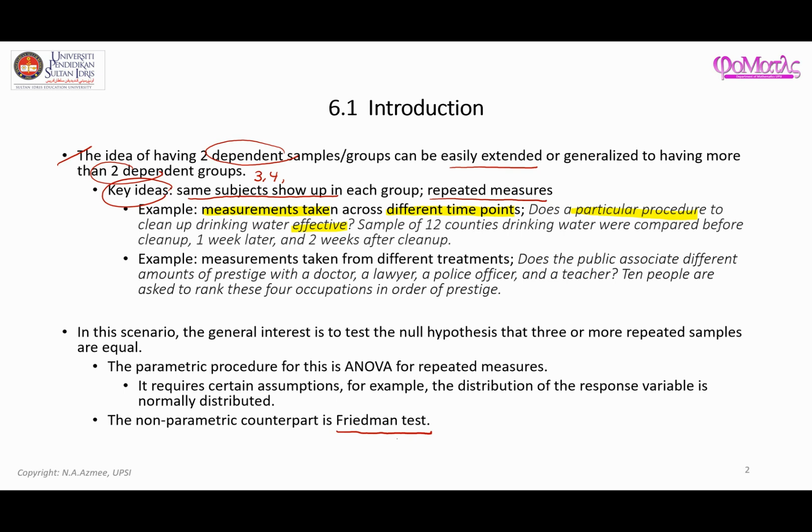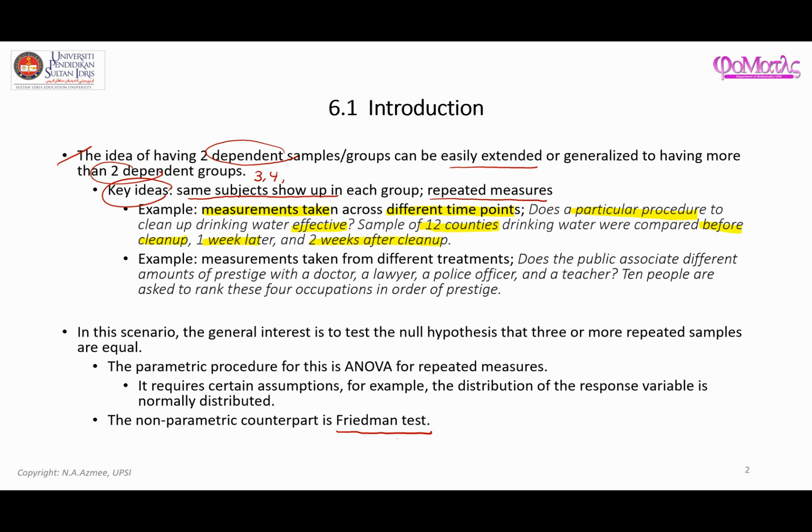To investigate that, they take a sample of 12 counties and the drinking water was compared using samples from different time points. You can see here they took the sample before cleanup, 1 week later, and 2 weeks after cleanup. So that is the example of measurements being taken across different time points.